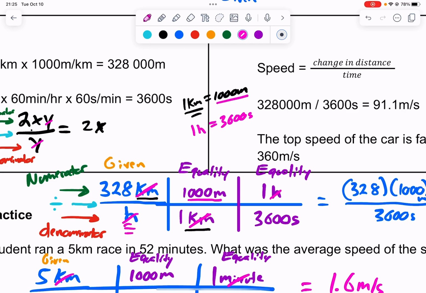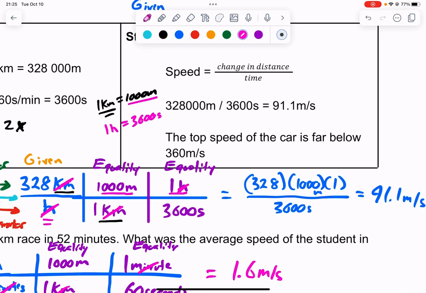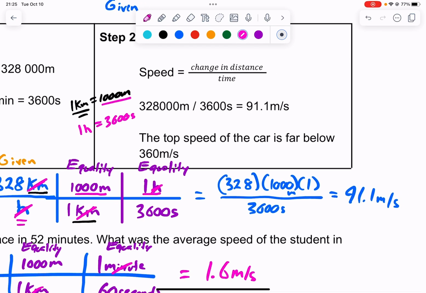Since 1 hour is here in the denominator, we have to put hours here in the numerator to cancel out, because hour and hour cancel out. And then 3,600 seconds is in the denominator. So what we ultimately have here when we cancel out everything is 328 times 1,000 meters times 1 divided by 3,600 seconds, which gives us 91.1 meters per second.